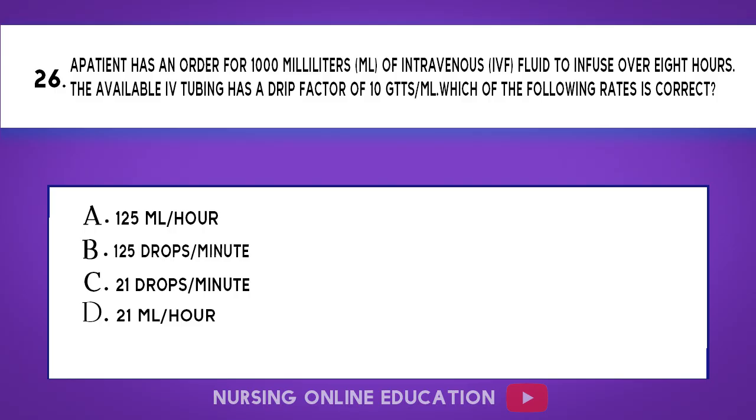C. 21 drops/minute. D. 21 milliliters per hour. The answer is option C, 21 drops/minute.